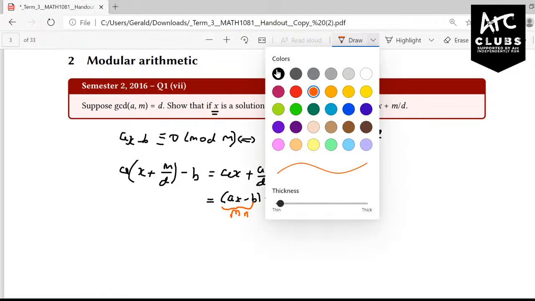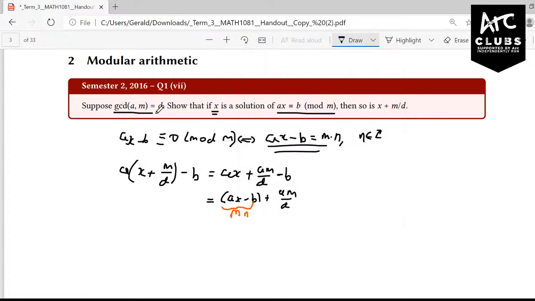Well, that's pretty easy, because we know that the greatest common divisor between A and M is D. And so because GCD of A and M equals D, that means D must divide A for this to even make sense.